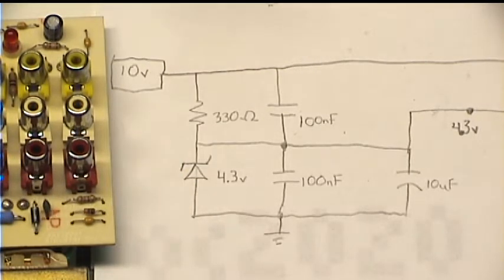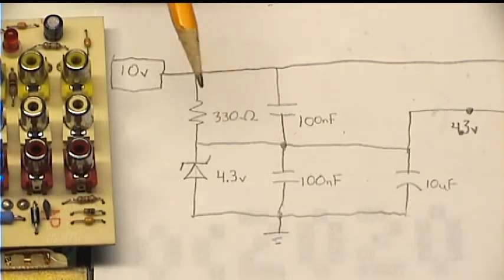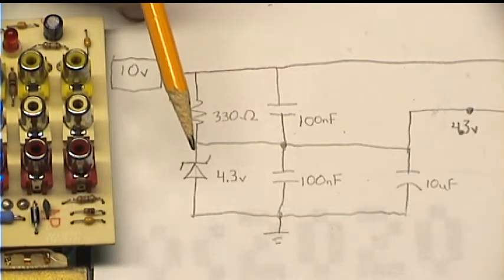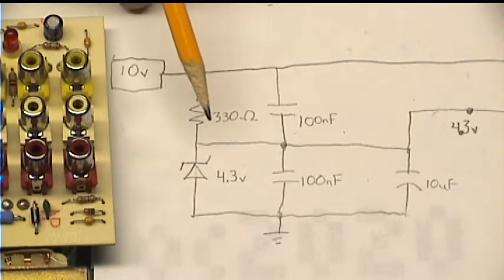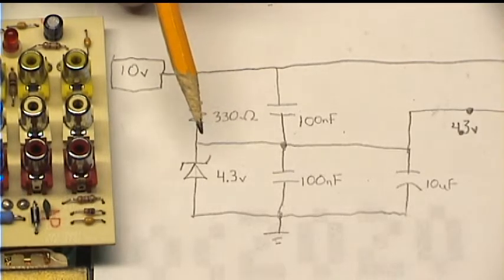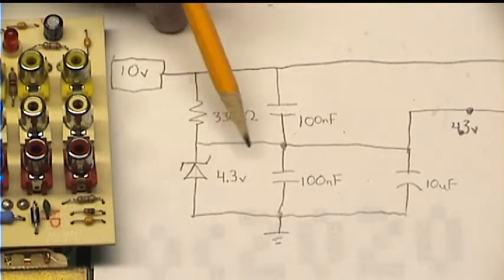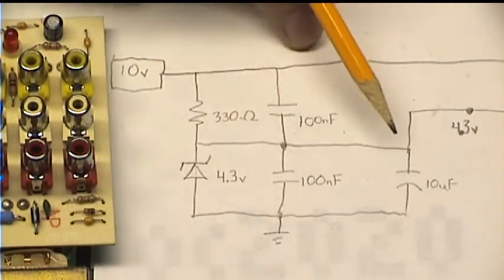So this is a simple shunt regulator, which basically means we end up with 4.3 volts on this wire here.